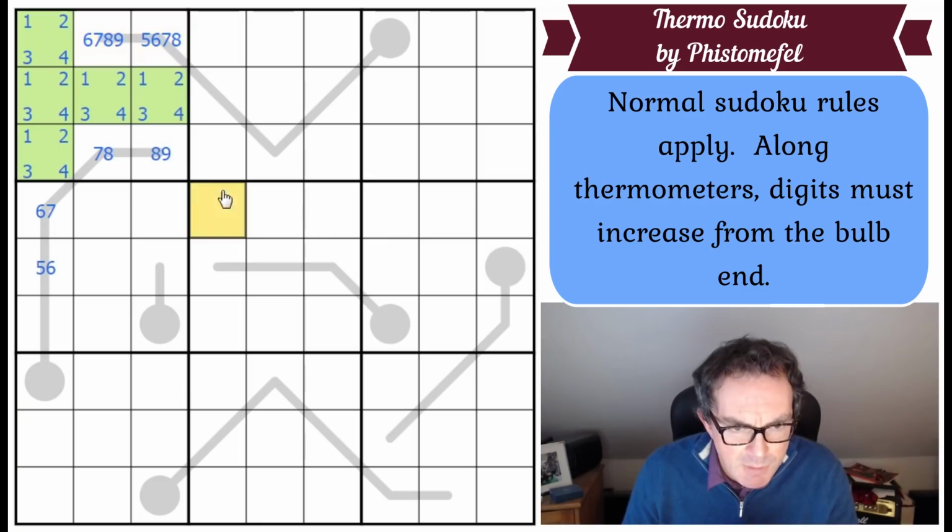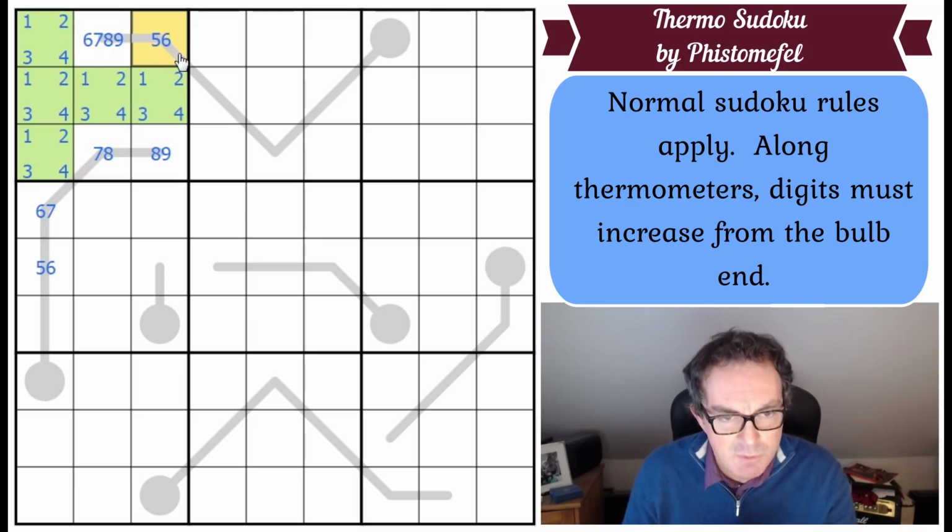But more importantly, I can't make this square a 7 because if this square's a 7, these 4 squares are being selected from the digits 7, 8, and 9. So this square cannot be 7 or 8 by that logic. So this one is 5 or 6, which means I've reduced all the degrees of freedom down this thermometer as well.